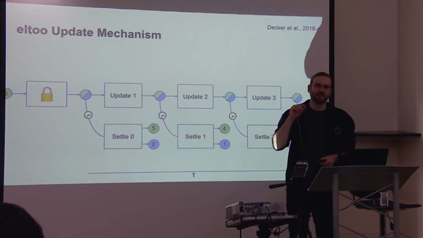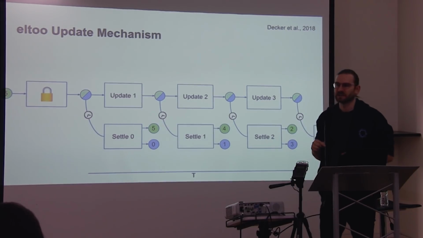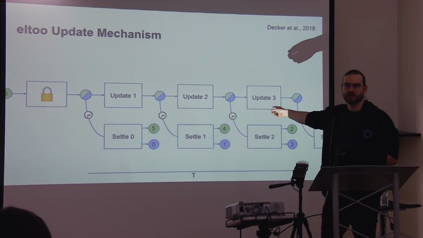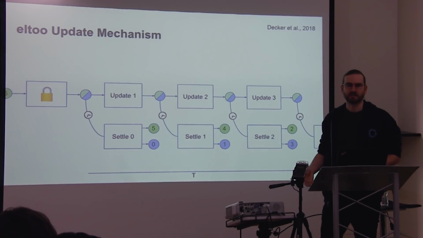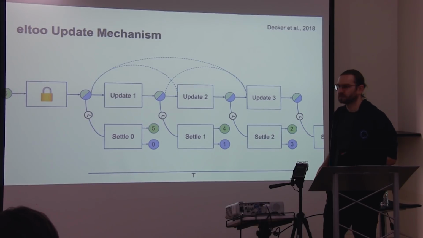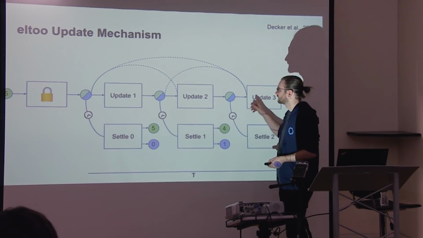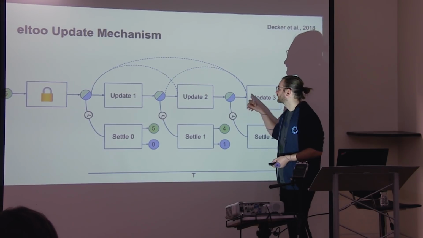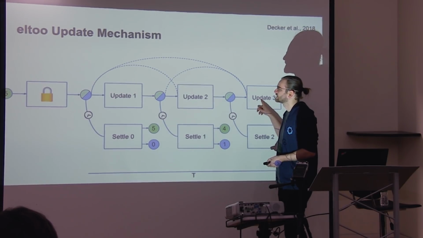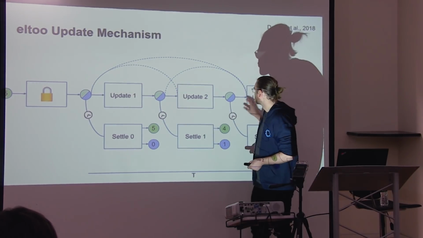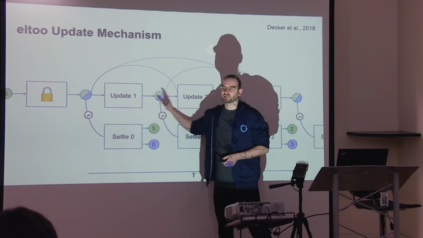So the issue here was that if we have n updates, we're replaying n transactions on chain, right? So what if we could do something like this? Instead of having the update 3 connect only to update 2, we could actually go ahead and say, I connect to the settlement transaction. And so we just skip all of these intermediate updates.